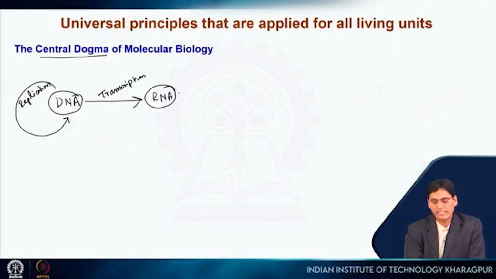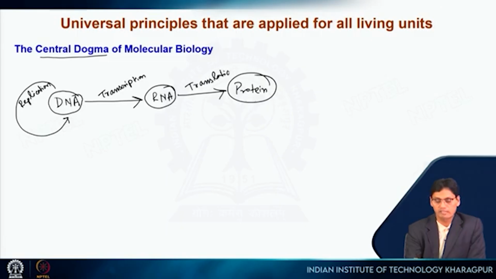And finally, from RNA we get the protein, and this process is called translation. So now if you see, the information flows from nucleic acid to protein.